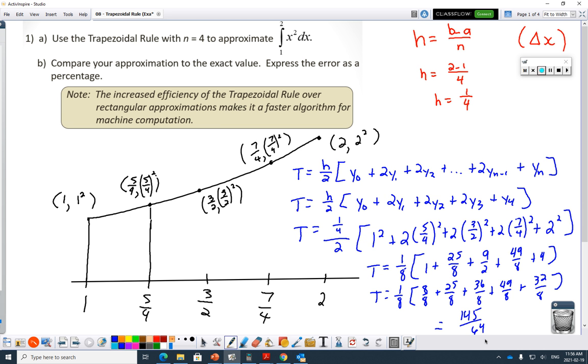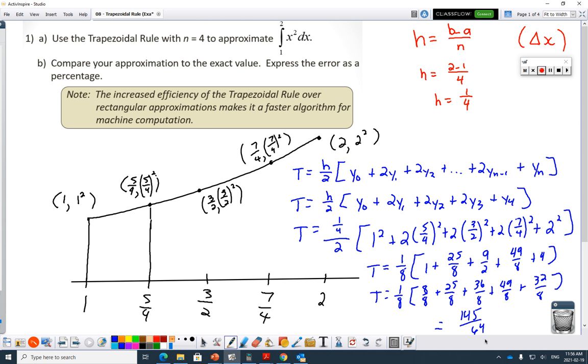Oops. Did that wrong. Close bracket. Squared. Plus 2 squared. 75 over 4.